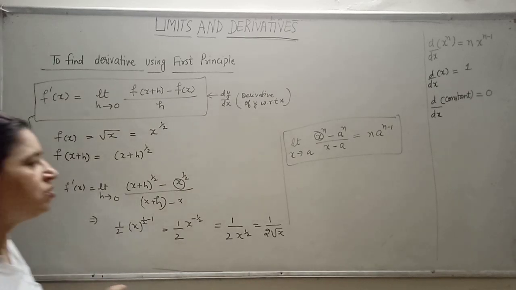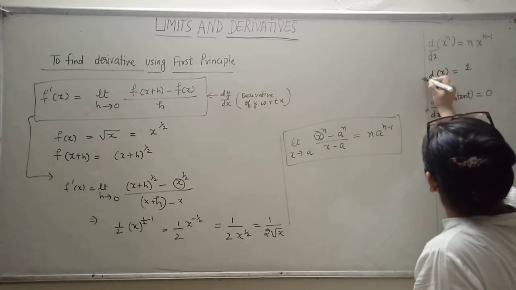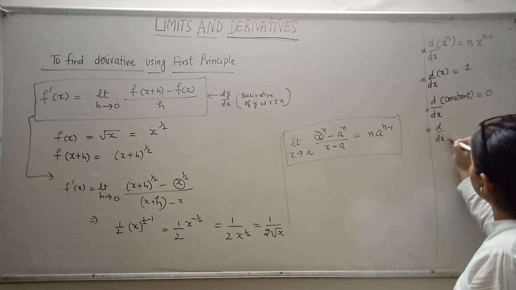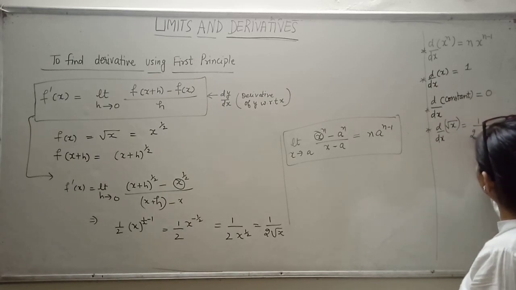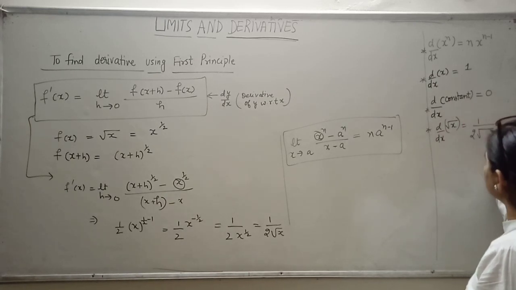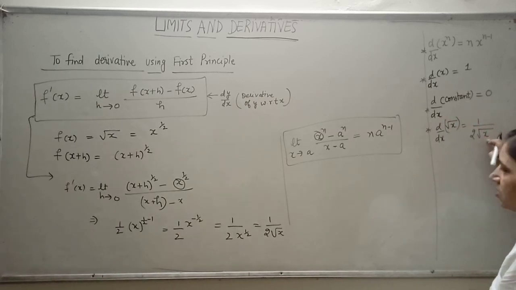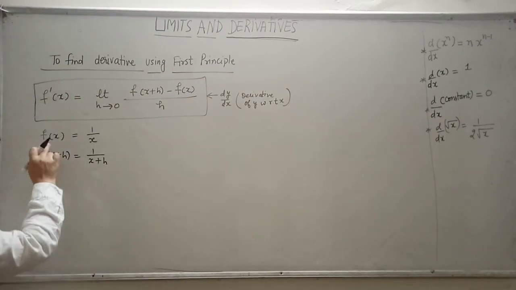So we can use it as the direct formula, d by dx of root x is equal to 1 by 2 into the question as it is, 1 by 2, this is the question, so it is as it is.